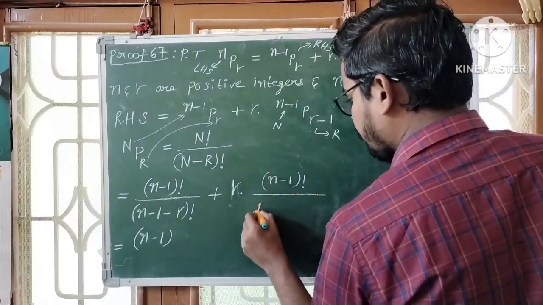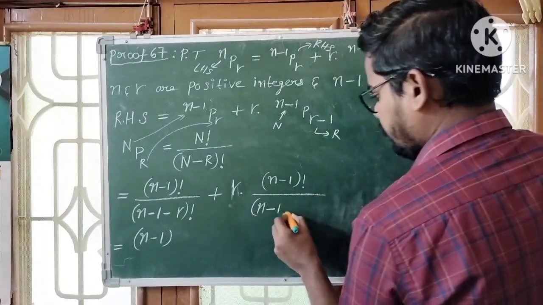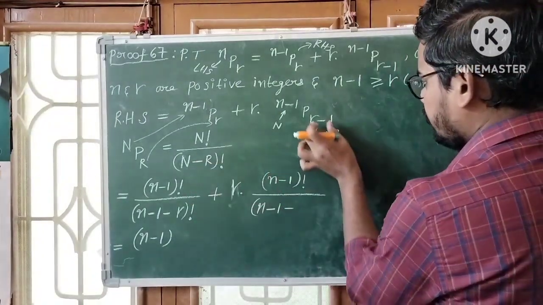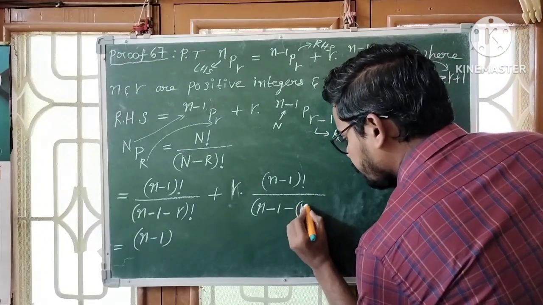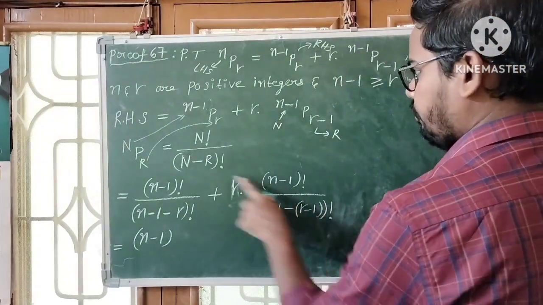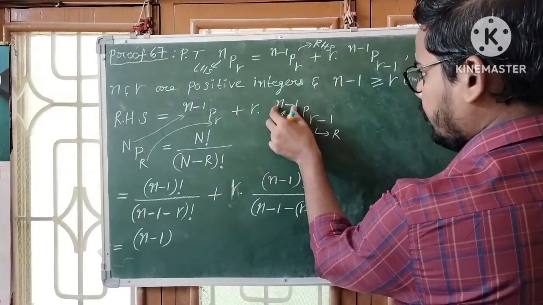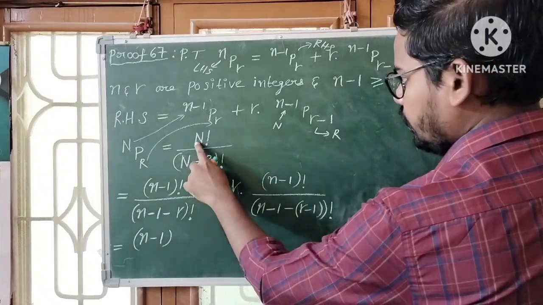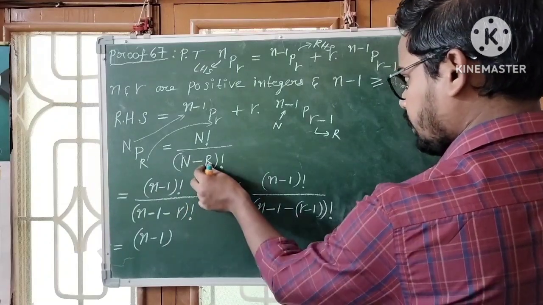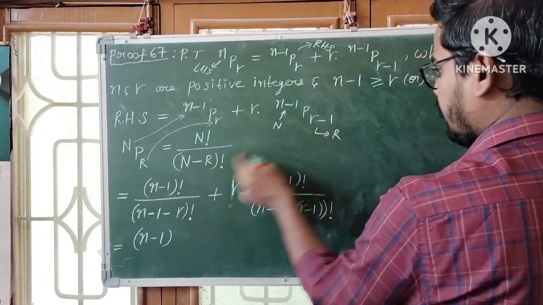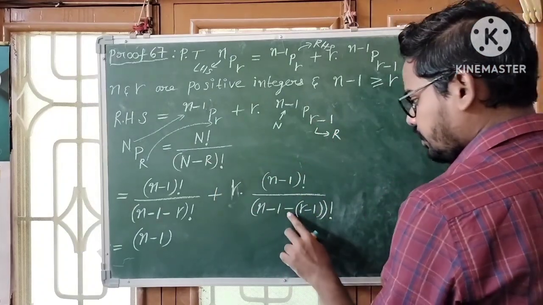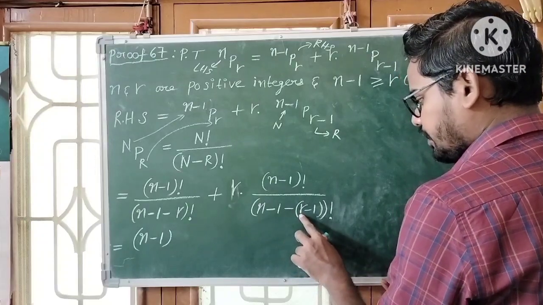Here N is equal to n minus 1, and R is equal to r minus 1. Here the value of r is a binomial, so we should keep open brackets. This minus is distributed to r and minus 1.